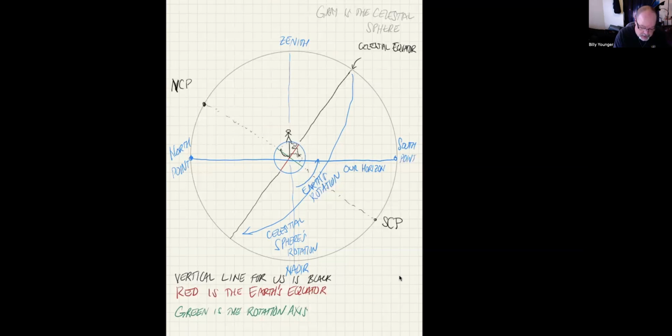And the back of the sphere, right behind the center here, is the east point, and the front of the sphere, right in front of us, is the east point. Let me double check that. No, I said that backwards. The back of the sphere is the east point, and the front of the sphere is the west point.